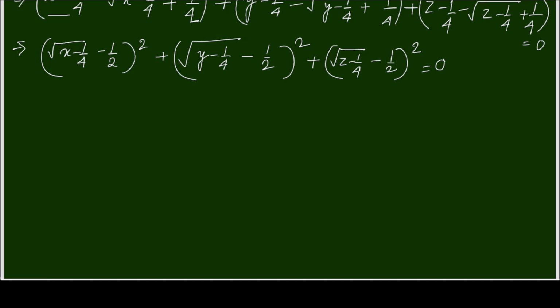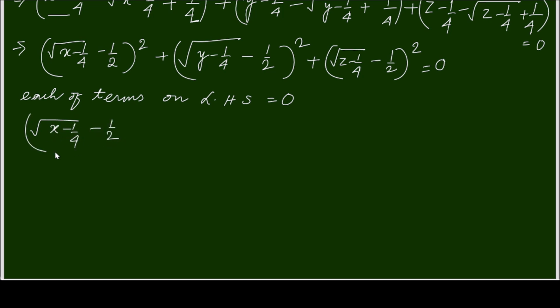Since a square cannot be negative, it is either greater than 0 or equal to 0, and the sum of three squares is 0, that means each one of them is 0. So each of the terms on the left-hand side equals 0. So square root of x minus 1 by 4, minus 1 by 2, whole squared equals 0.